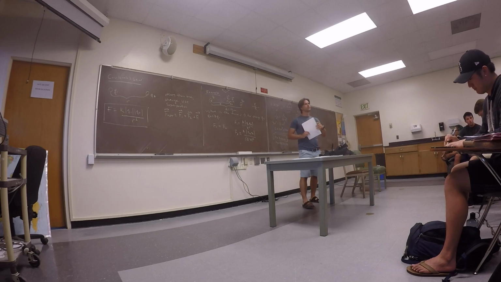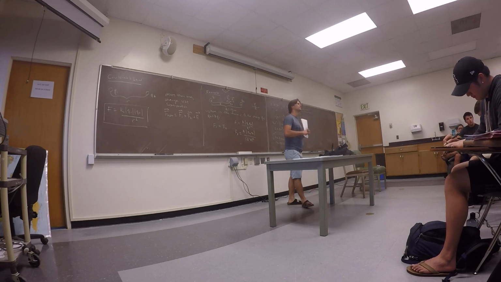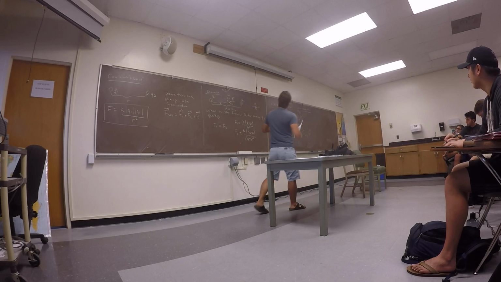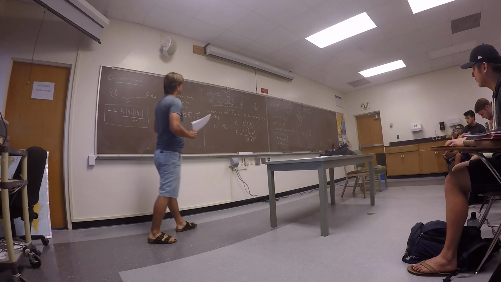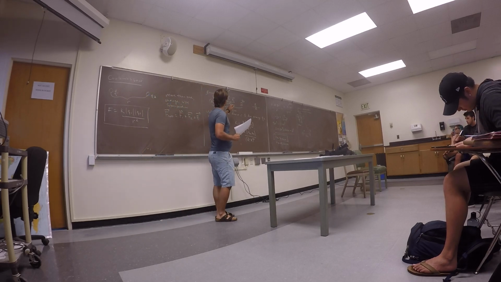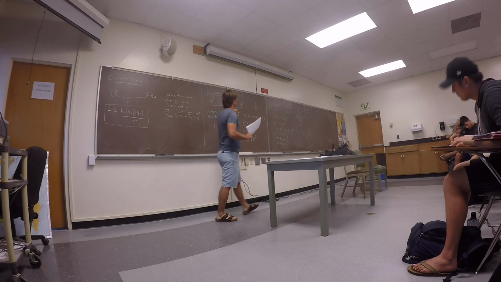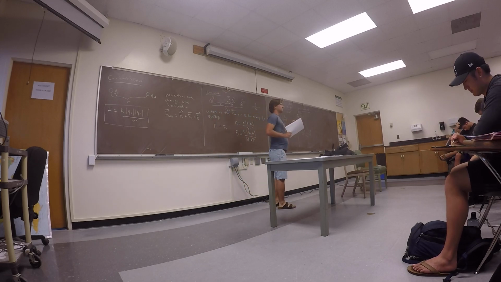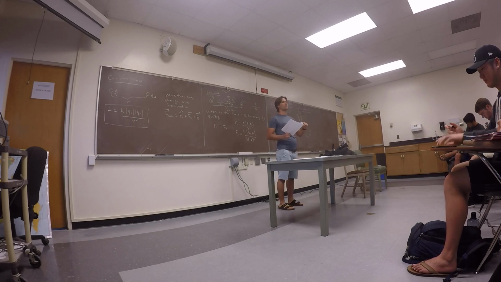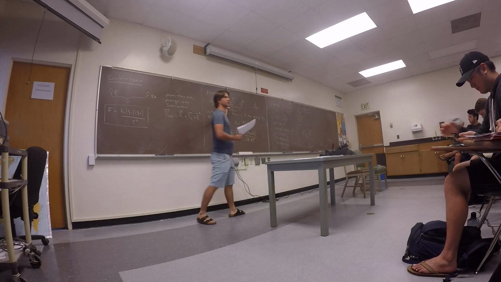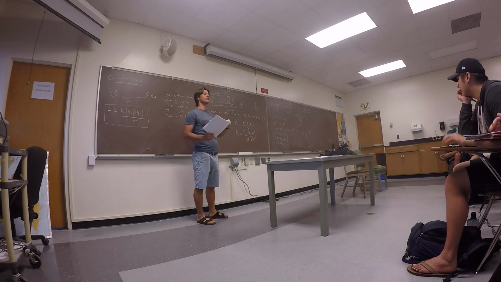Yes? For the last one, when you set them equal to each other, why didn't you make one of them negative since they're going in opposite directions? Right here? Yeah. That's a good question. Because I wanted the magnitudes of them to be equal. You don't care. I could have made one positive and one negative and used the proper vector notation and everything, and it would have given me the correct answer.